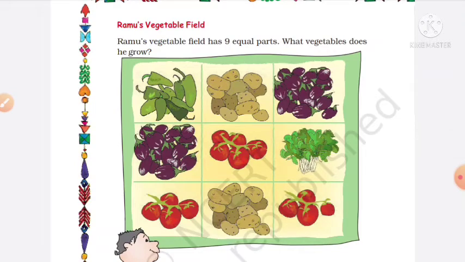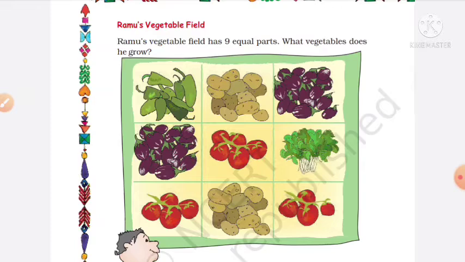As you see in this figure, there are varieties of vegetables. So Ramu grows chilies, potatoes, brinjals, tomatoes and spinach in his vegetable field.